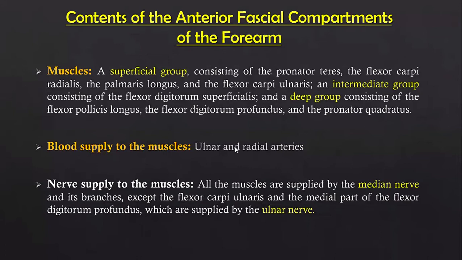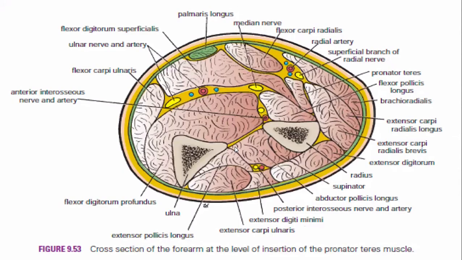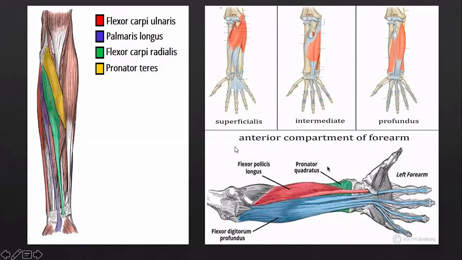And the deep group consists of the flexor pollicis longus, the flexor digitorum profundus, and the pronator quadratus. So this is the deep group of muscles: pronator quadratus, flexor pollicis longus, and the flexor digitorum profundus.